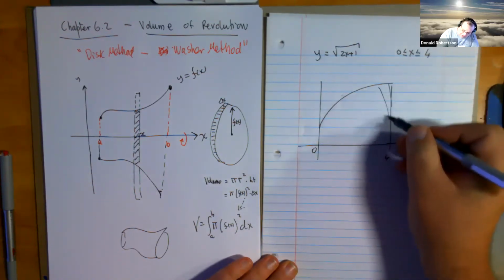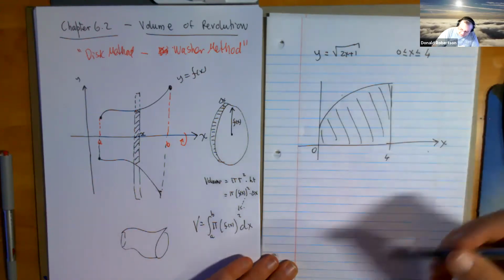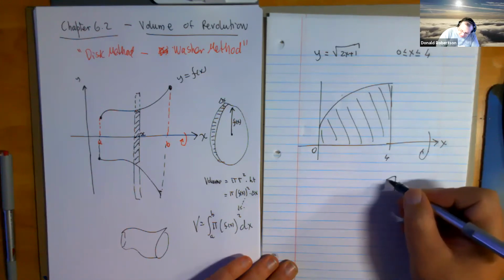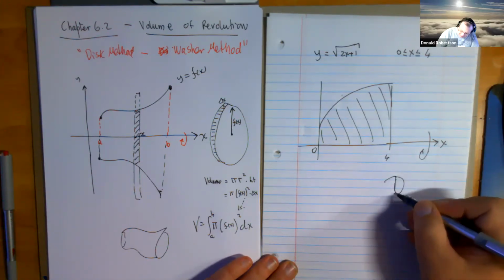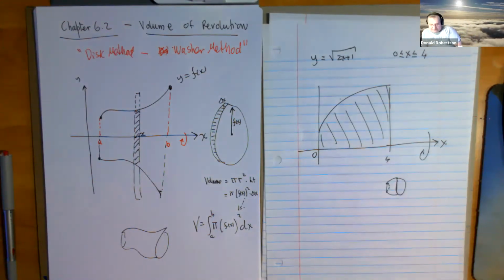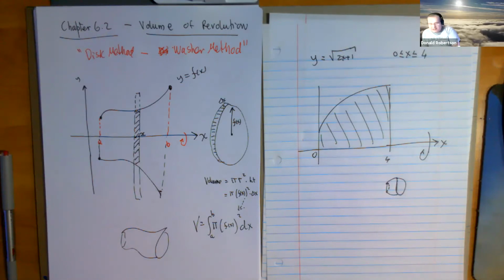So I'm going to take this shape, and if I rotated that about the x-axis, can you imagine you might get a shape that looks a bit like that? Imagine what that would look like in 3D. To me, it reminds me of an acorn or a bullet, right?